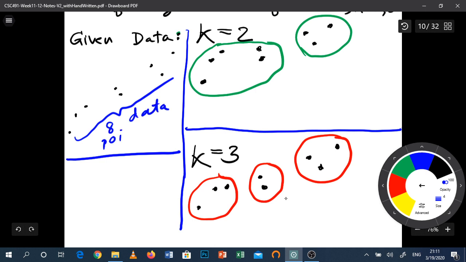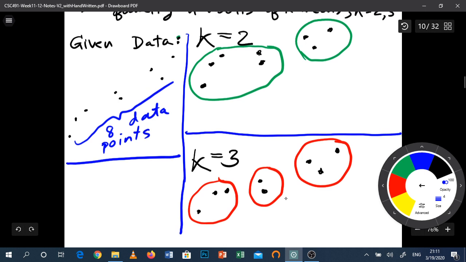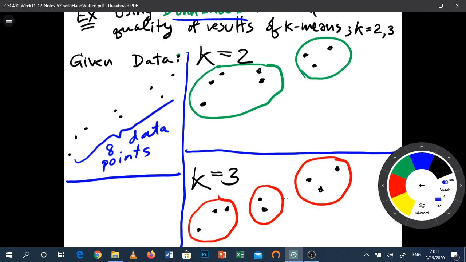Professor Dunn was curious how to evaluate the goodness between option 1, when we run k equal to 2, and the same 8 data points run using k-means and broken into 3 clusters. So which one is better?